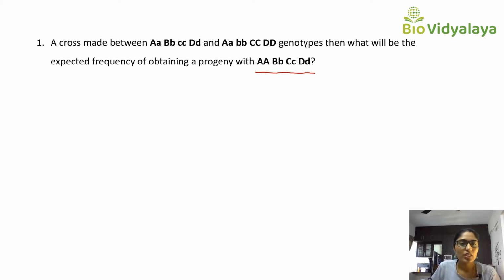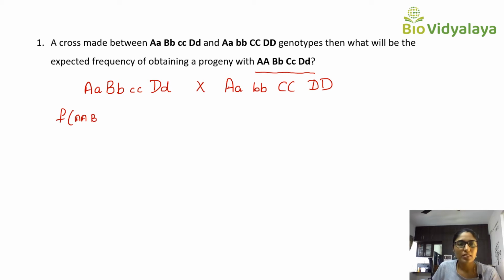So here the cross is between capital A, capital B, small c, capital D, small d, and capital A, small b, capital C, capital D, capital D. Here we have to find the expected frequency of obtaining progeny with the genotype capital A, capital B, capital C, capital D, small d.